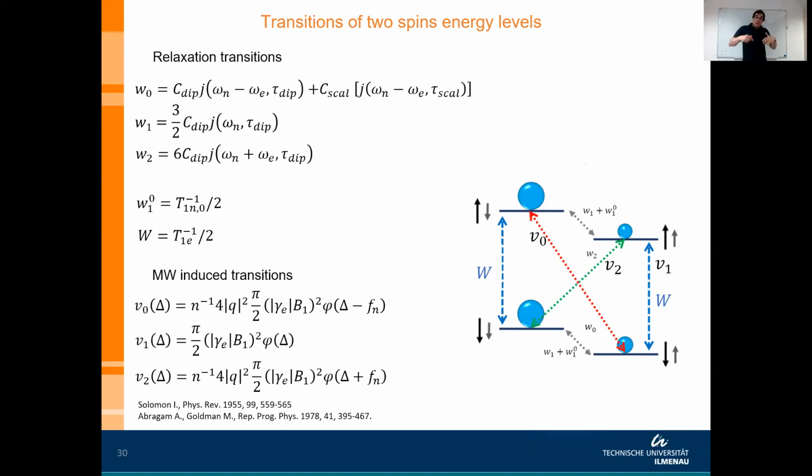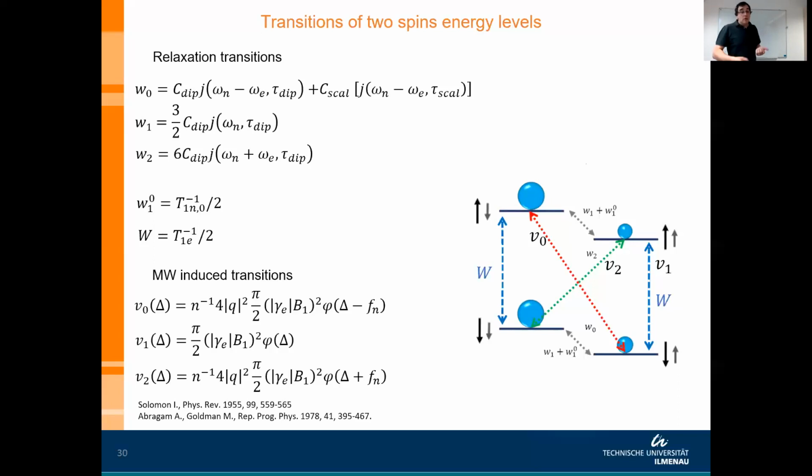And then the induced transitions due to the microwave are described by these three factors here, frequencies 0, 1, and 2, and delta is basically the offset related with the EPR line, or the electron transition, sorry.